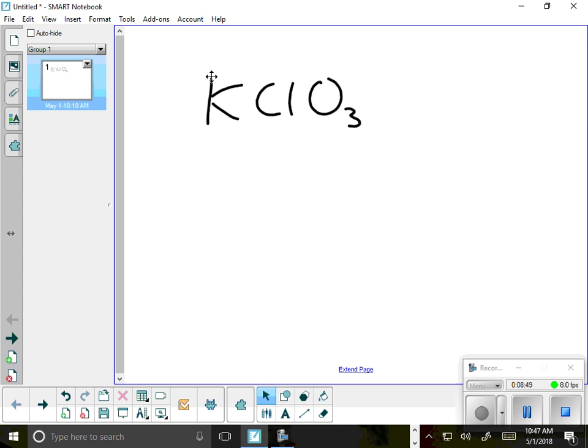Let's look directly above K, potassium, on our periodic table. How many little numbers are directly above potassium? Just 1. And what is that number? +1. In other words, the oxidation number for potassium is +1.